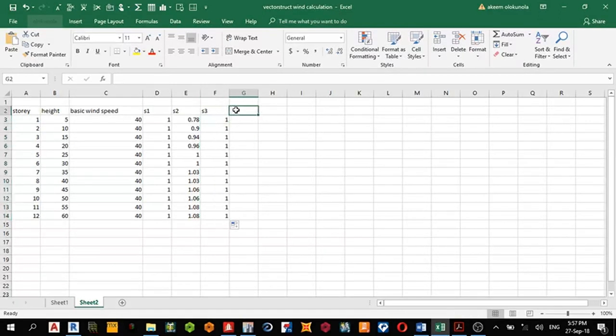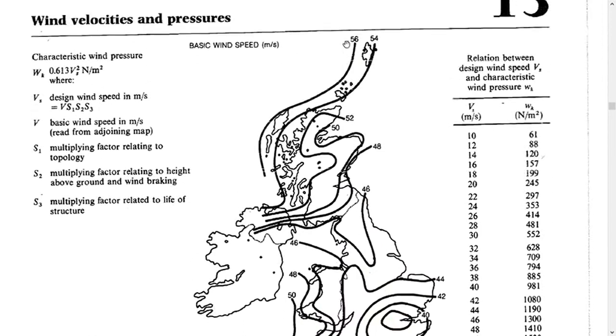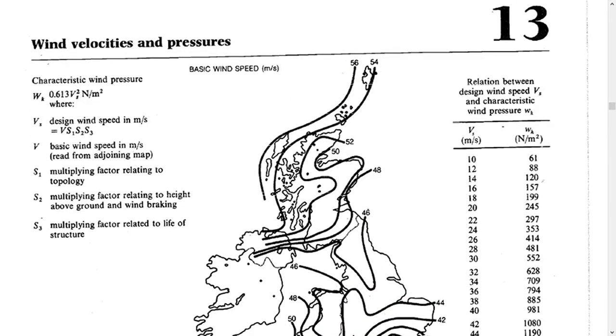The next thing I do is to find my design wind speed, Vs. My design wind speed is the basic wind speed multiplied by S1, multiplied by S2, multiplied by S3. So this is the formula for the design wind speed.